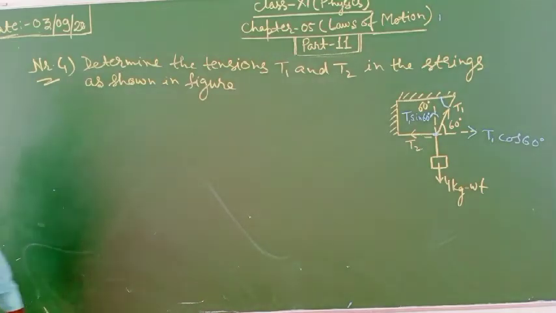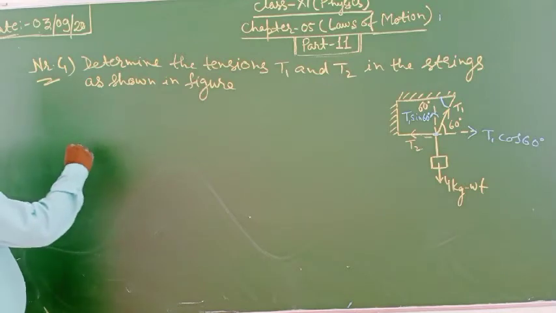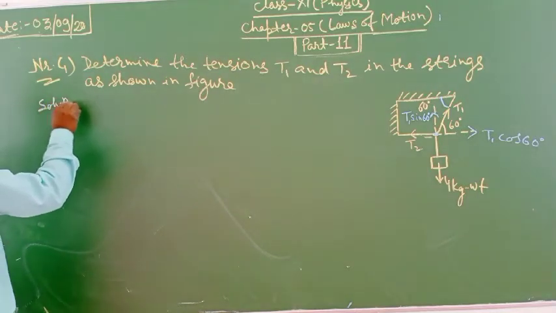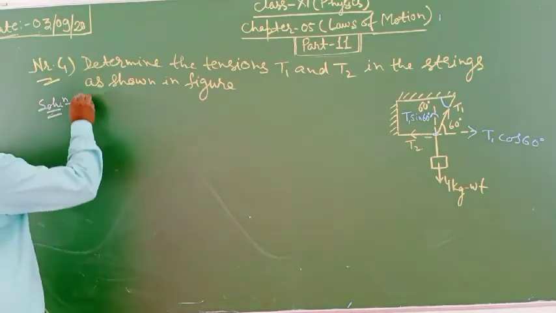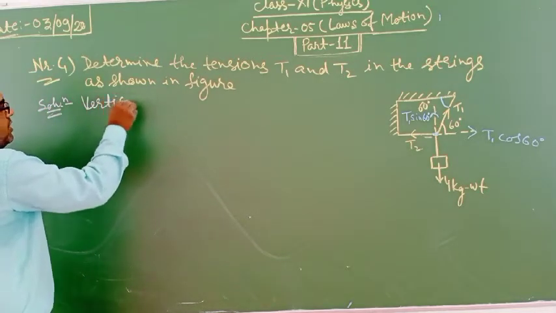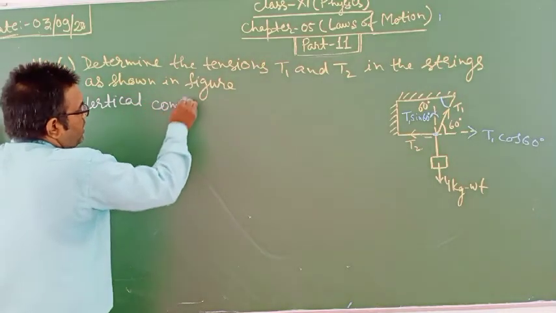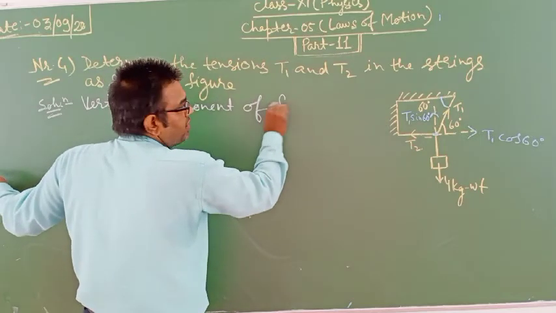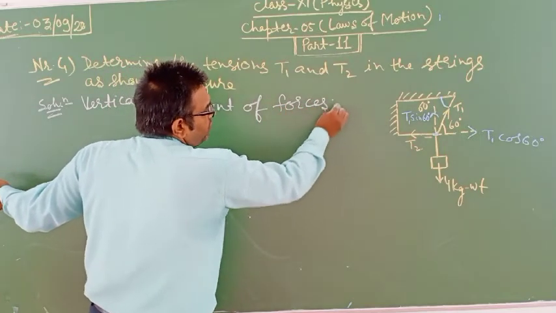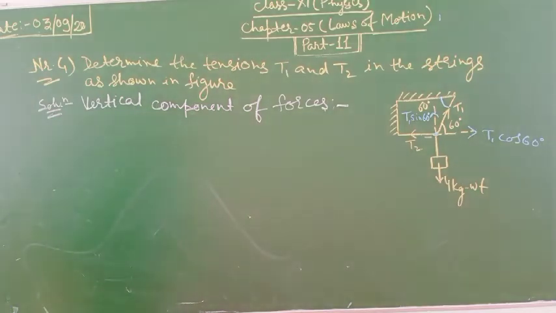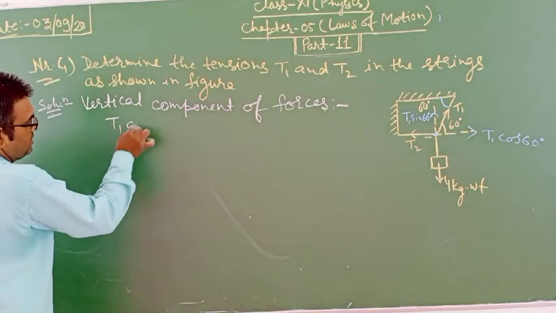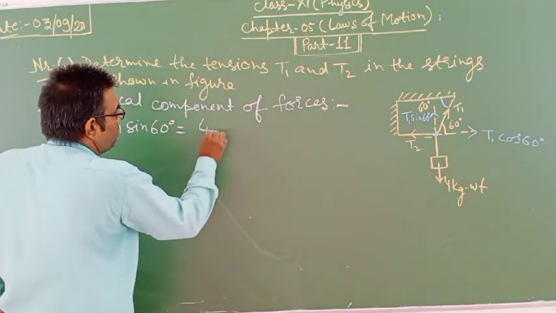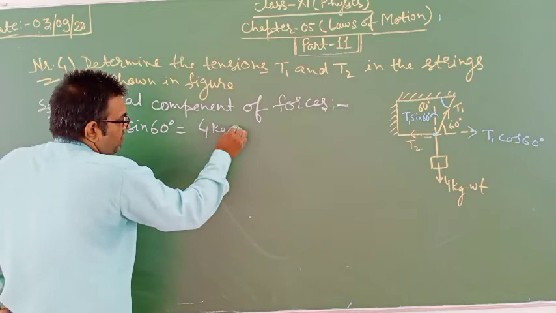First of all, we will discuss the vertical component of forces. In the vertical component of forces, T1 sin 60 degree is equal to the 4 kg weight.